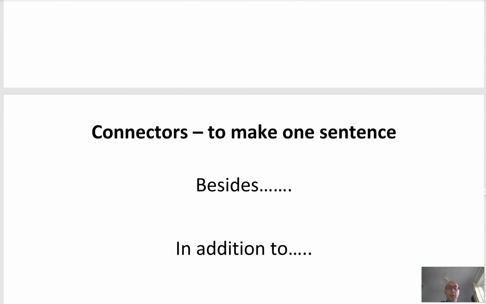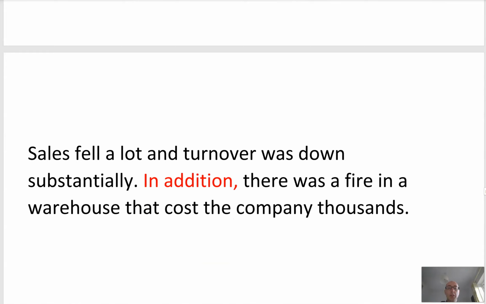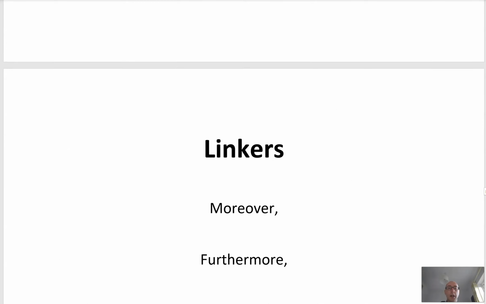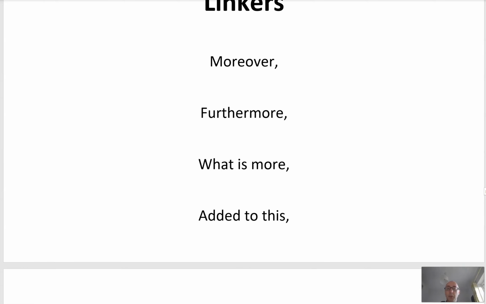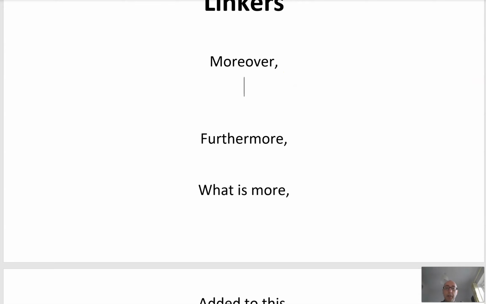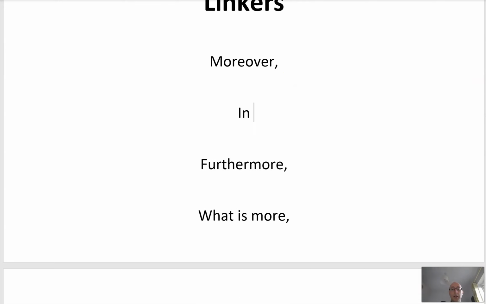So again, just to revise, we can keep two sentences, use in addition. We can use moreover, furthermore, what is more, added to this. These are all expressions that we can use in this. They have really the same function. I don't even have in addition here actually, so let's put it in. And the comma, don't forget the comma.